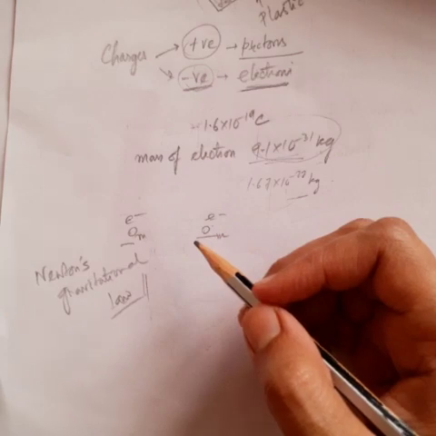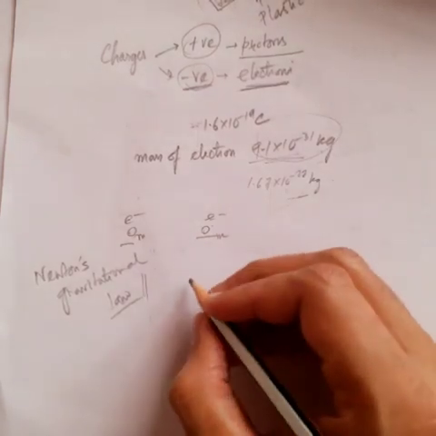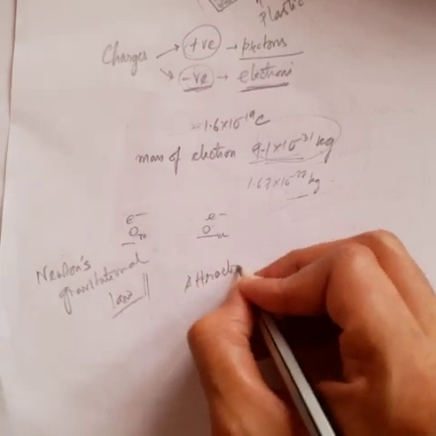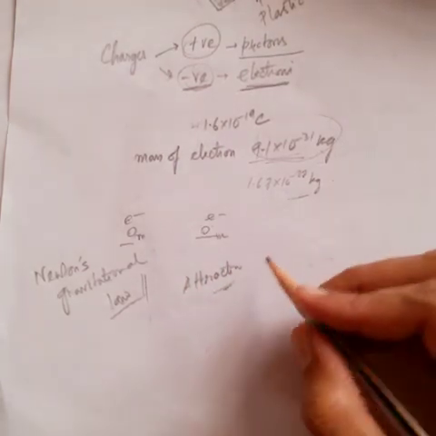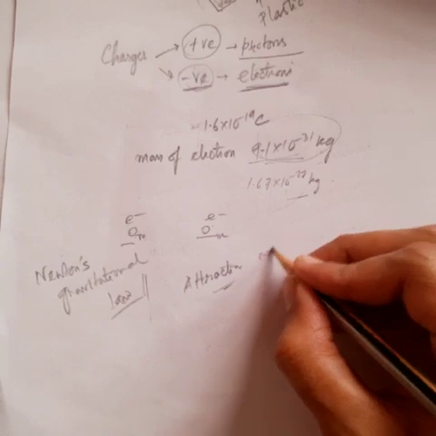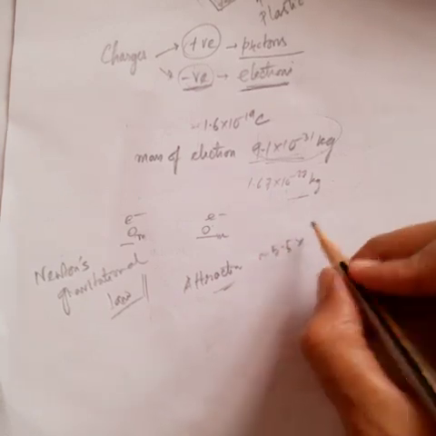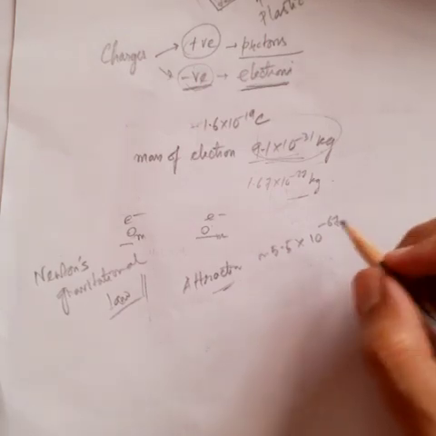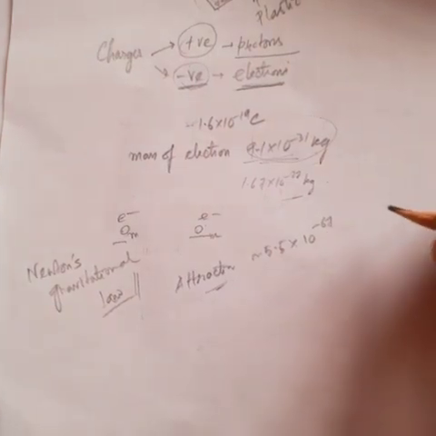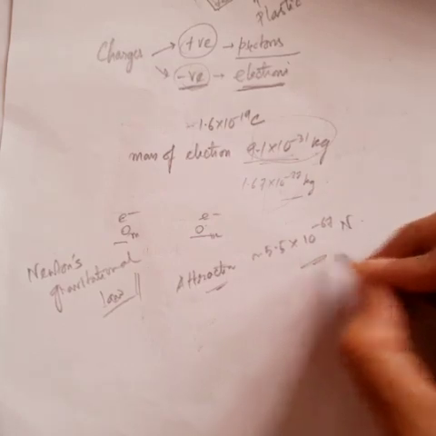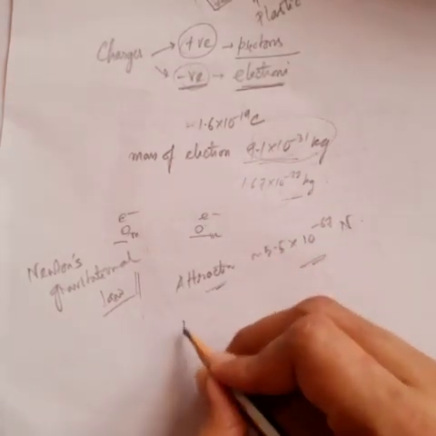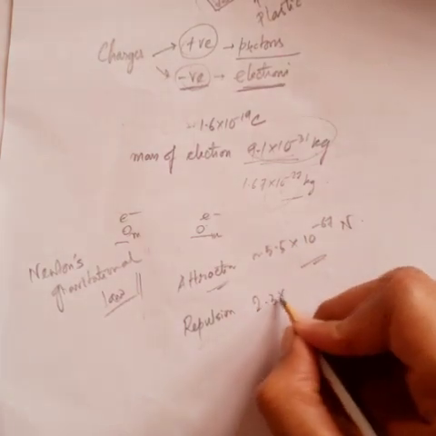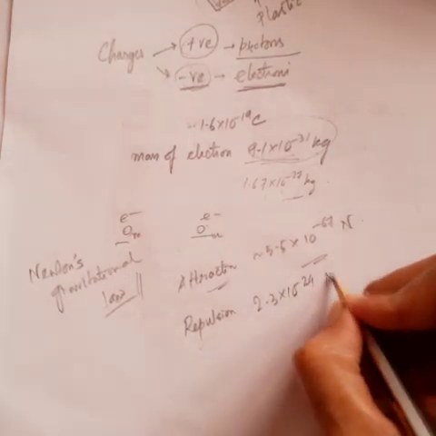The question is why. If you calculate the amount of attraction, the gravitational attraction is about 5.5 into 10 to the power minus 67 Newton, whereas the repulsion is 2.3 into 10 to the power minus 24 Newton.